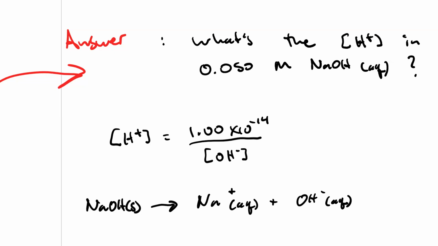So, the hydroxide ion concentration in sodium hydroxide will be the same as the solution concentration. When is the hydroxide ion concentration not the same as the solution concentration? If it's a weak base, or if it's a base that has a different subscript than 1 on the hydroxide, like calcium hydroxide. But in this case, our solution concentration is 0.05, so that's our hydroxide ion concentration.